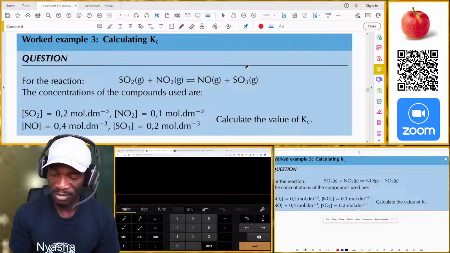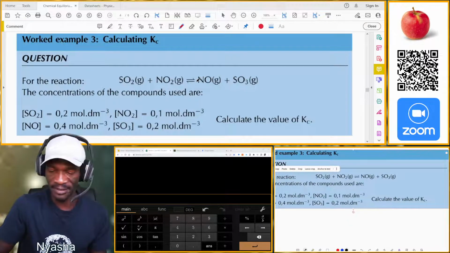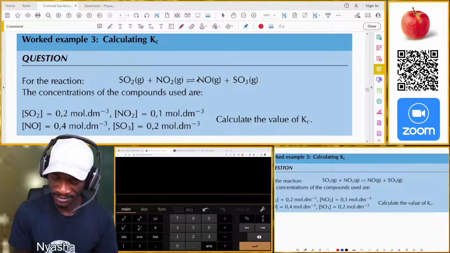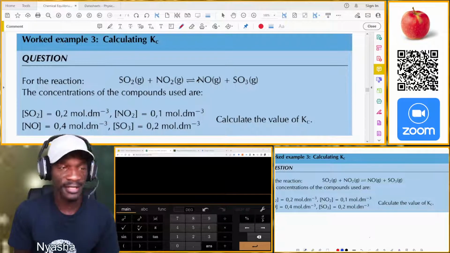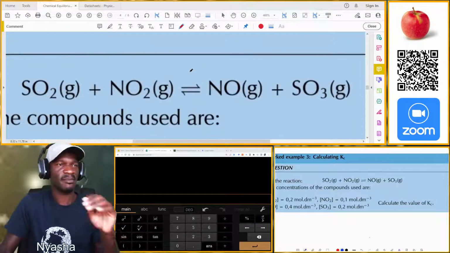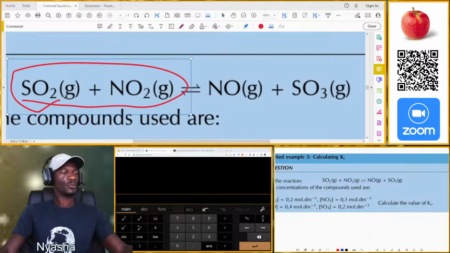So let's build our expression for Kc. The given data are already supplied. In this chemical reaction, let's identify our important items. Our reactants are on the left-hand side, SO2 and NO2.